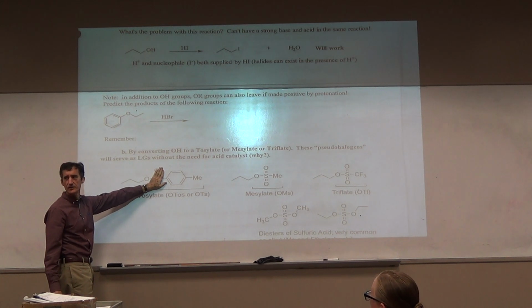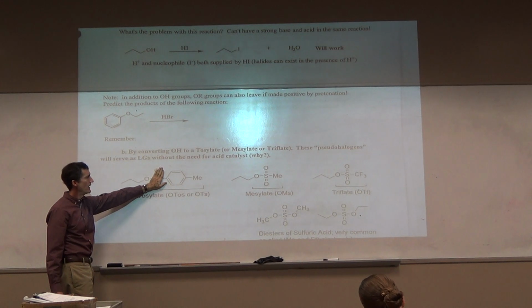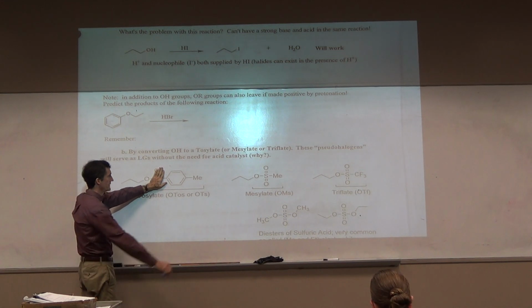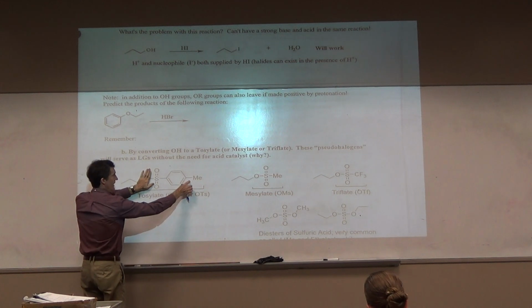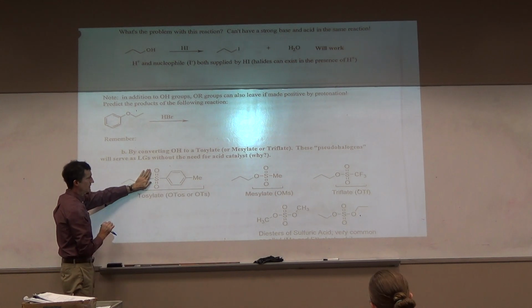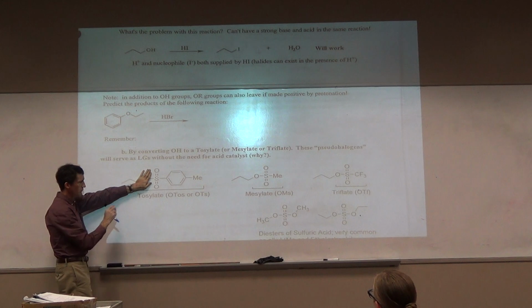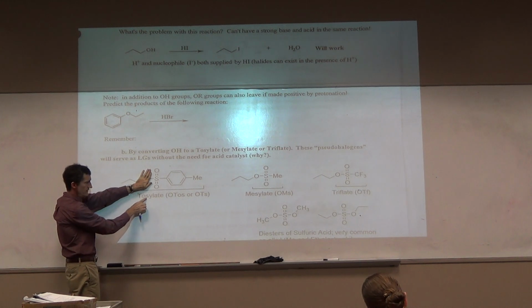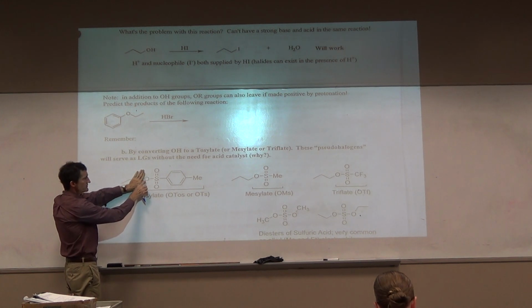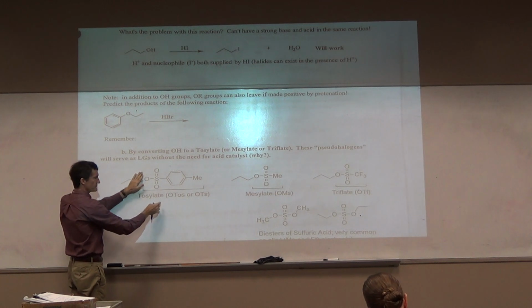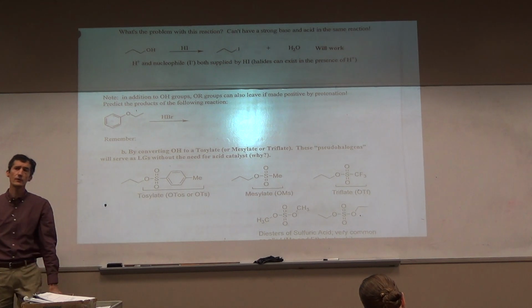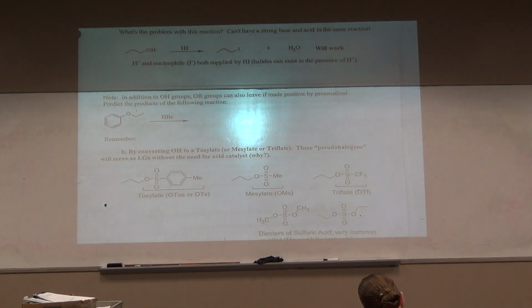Toluene, used as a paint thinner sometimes, maybe not. Naphtha, maybe. Probably toluene is in naphtha. Toluene sulfonyl is shortened to tosyl. And with the oxygen, it becomes the ate. So that's where the name comes from. Toluene sulfonylate. That's kind of long, so we'll just say tosylate.